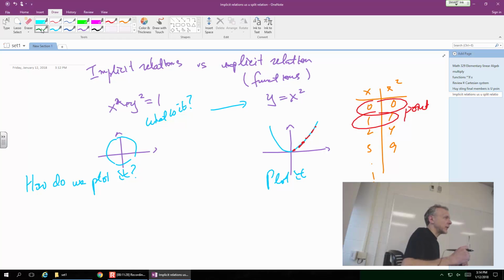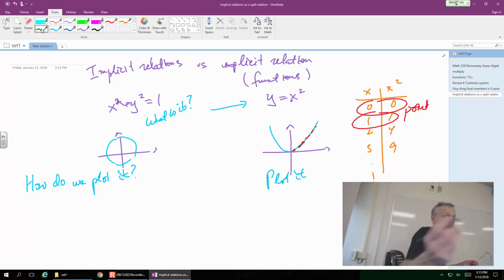Well, suppose we don't know any algebra, because this is a simple equation. You can imagine an equation that is way more complicated, and algebra may fail every time. It might simply be impossible. Some equations have no solutions, or no explicit solutions. So imagine that you have some complicated implicit relation. How do you plot that relation?